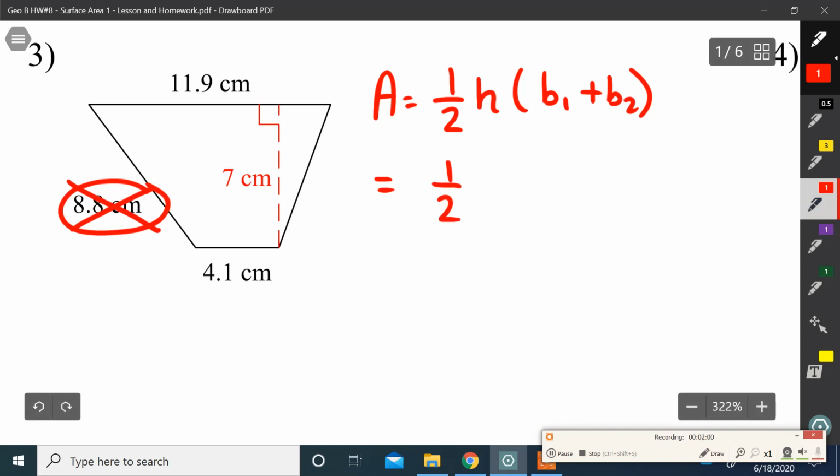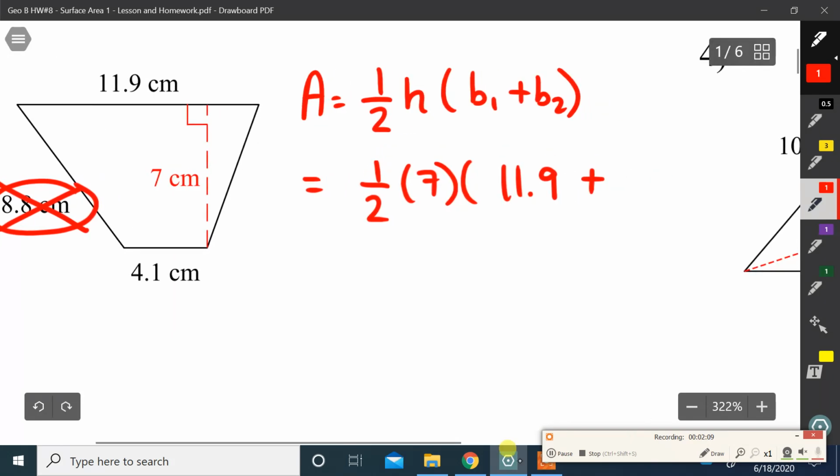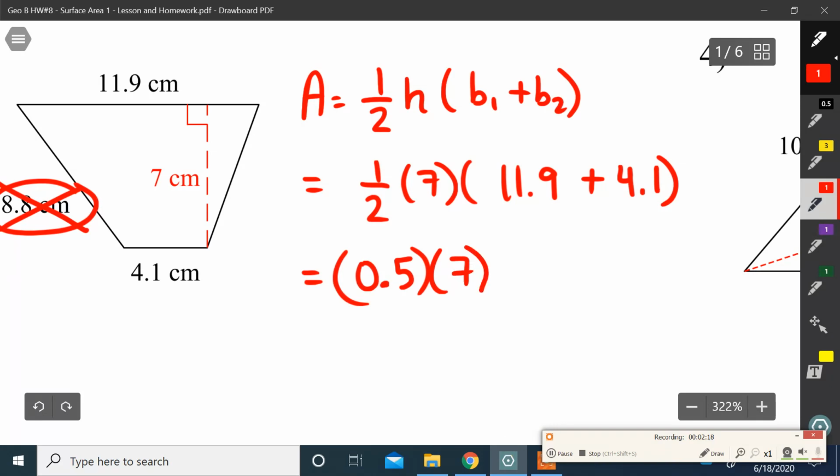So half times the height there is going to be 7, and then the base 1 is 11.9 plus 4.1. We are going to multiply all that out. I'm going to write that half as 0.5 just to make it a little bit easier. That 4.1 plus 11.1 is going to be, I believe, 16.